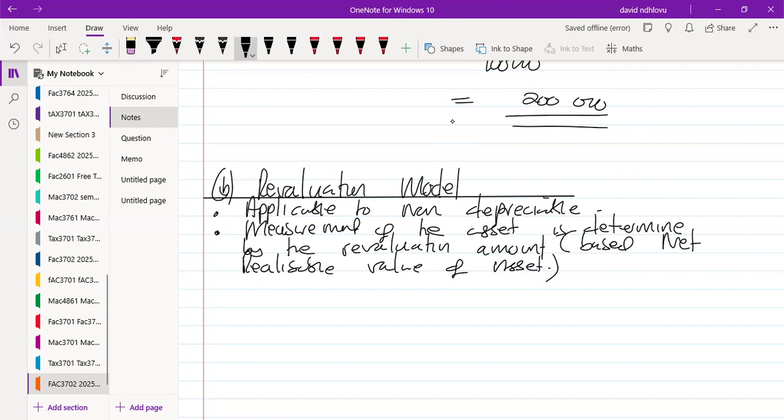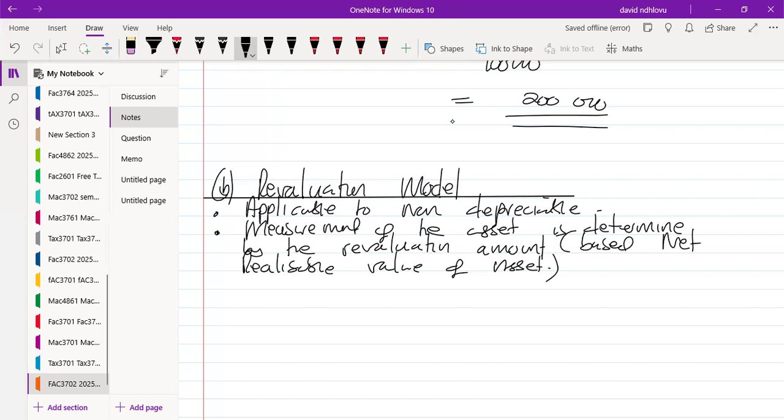However, the price for land fluctuates in the market, and there is a possibility that the current price that you have in your books is no longer in line with market values for the asset. So you will then go to the market and look for a similar asset, similar size, similar location, and determine the market price there, less any cost to sell the asset. So that will be your revaluation amount.